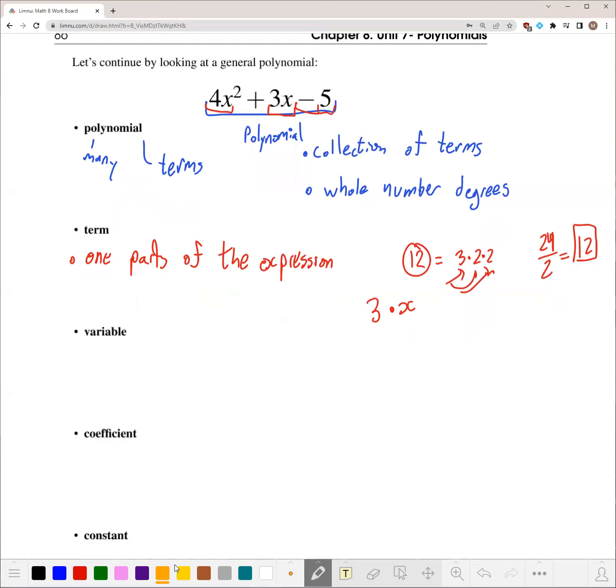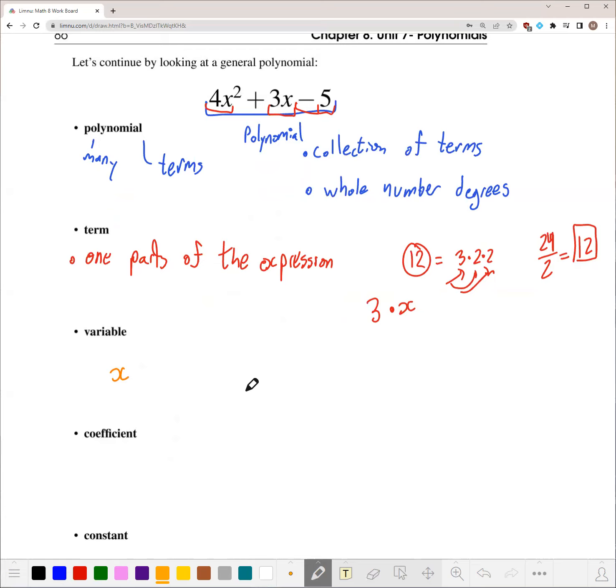A variable, I'm not really going to write anything down, but x in this case is a variable. A variable is a representation of an indeterminate or undefined quantity, or a quantity that can change over time. We've dealt with variables implicitly for almost 9 years, really.